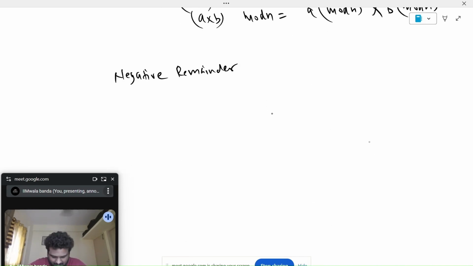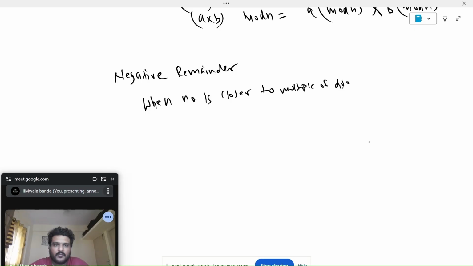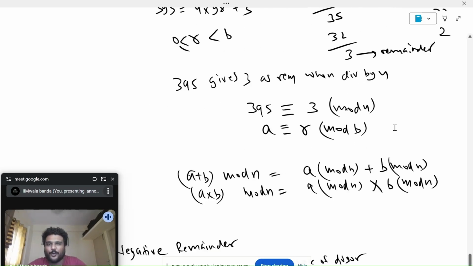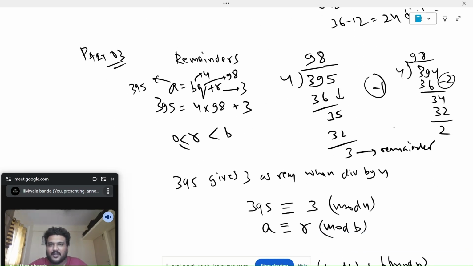So negative remainder is basically, just to write it down for you to understand, when the number is closer to a multiple of the divisor. In general, we call this the divisor. This we call the dividend, whatever is on the top.